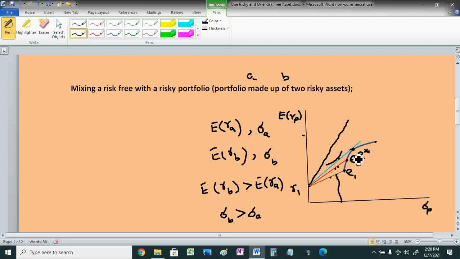What changes, see that as a result of risk-free security, is that these points which were efficient in the absence of risk-free security, after risk-free security becomes available, these points on this particular frontier become inefficient, because for the same risk, this light blue frontier is offering higher rate of return.